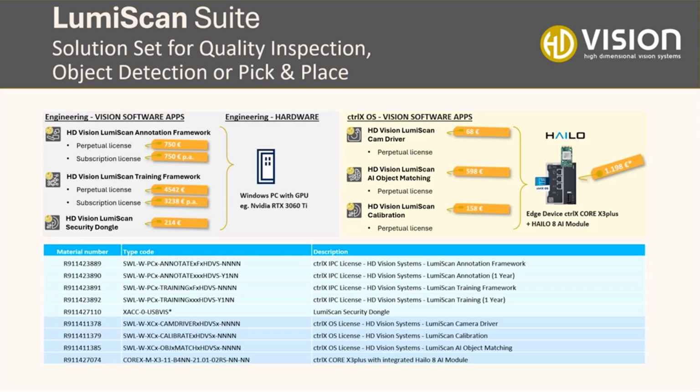Here is a small overview over the pricing. Once again, the differentiation between apps that run on the EPC and apps that run on a production line, where you still should keep in mind that if you have an integration partner, this integration partner can have one central machine with the training framework and annotation framework on it, where people can remotely access, and there's no limit to how many models can be trained with just one license.